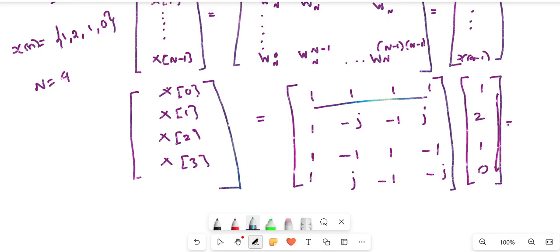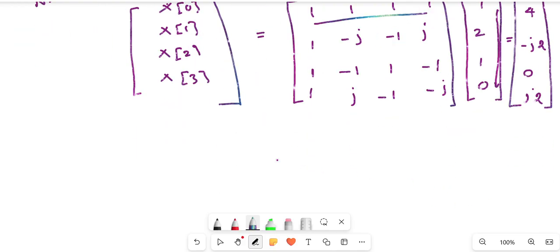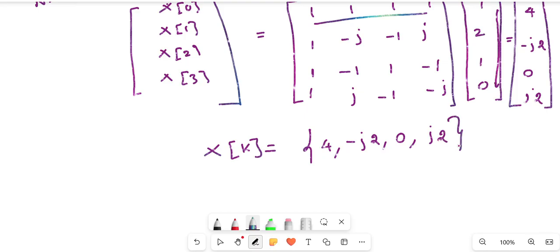So you will get the values 4 minus j2, 0 and plus j2. This is a matrix multiplication. So x of k is equal to 4 minus j2, 0, plus j2. So this is the simple direct computation.